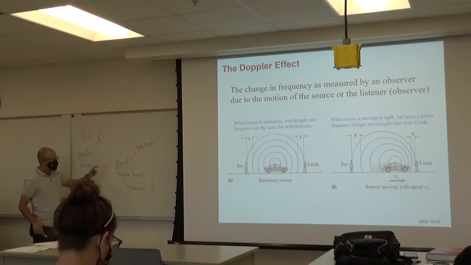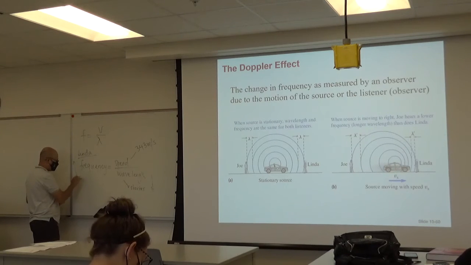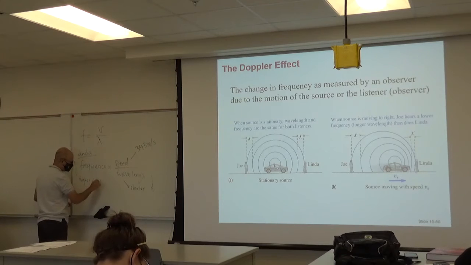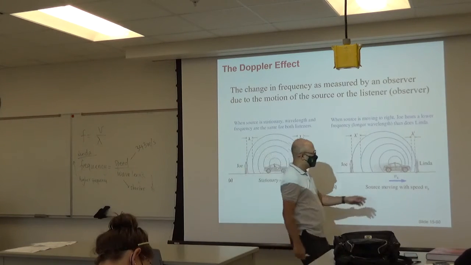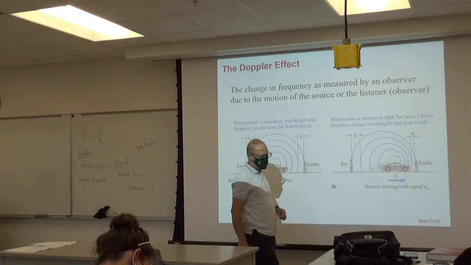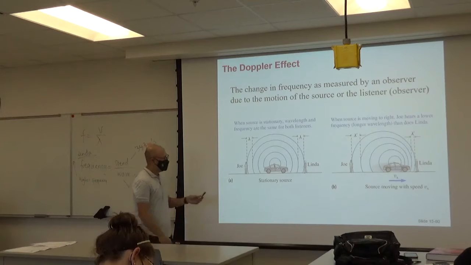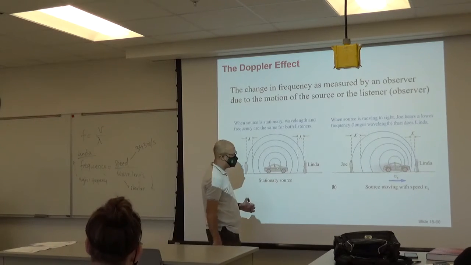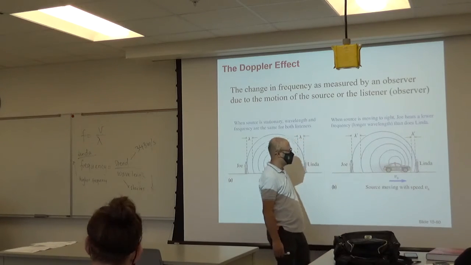So shorter wavelength means higher frequency. So Linda will hear a higher pitched sound than in the previous case. So the pitchness of sound increases when the source of sound moves towards the observer.